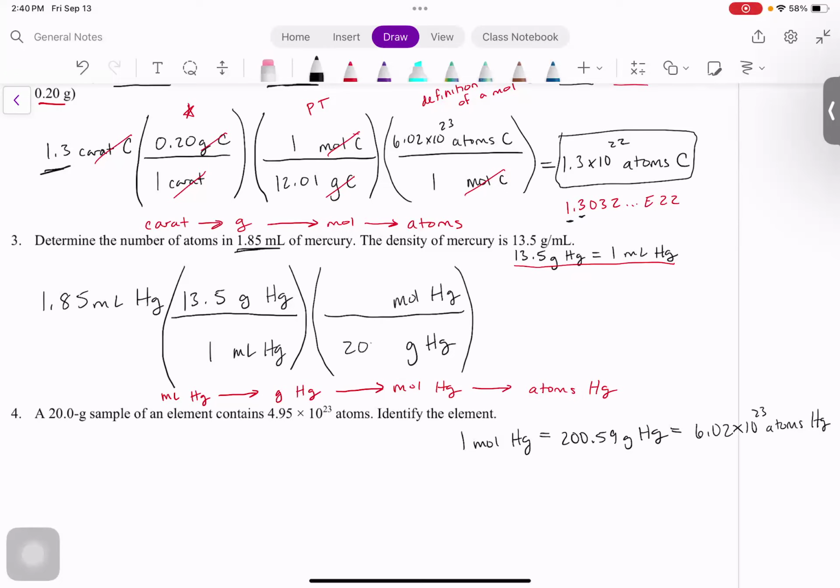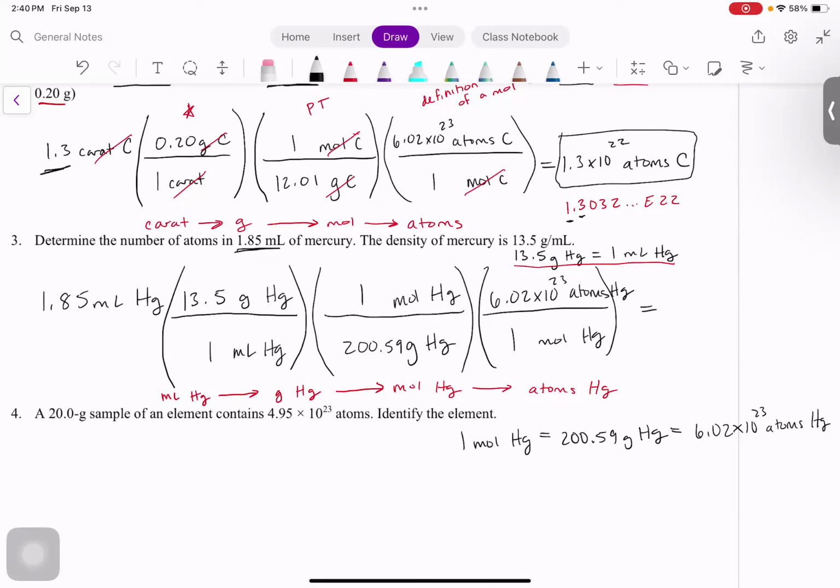So 200.59 grams of mercury, that is the mass of 1 mole of mercury. And by definition, we also know that 1 mole of mercury is 6.02 times 10 to the 23rd atoms of mercury. So another 3-step conversion here.